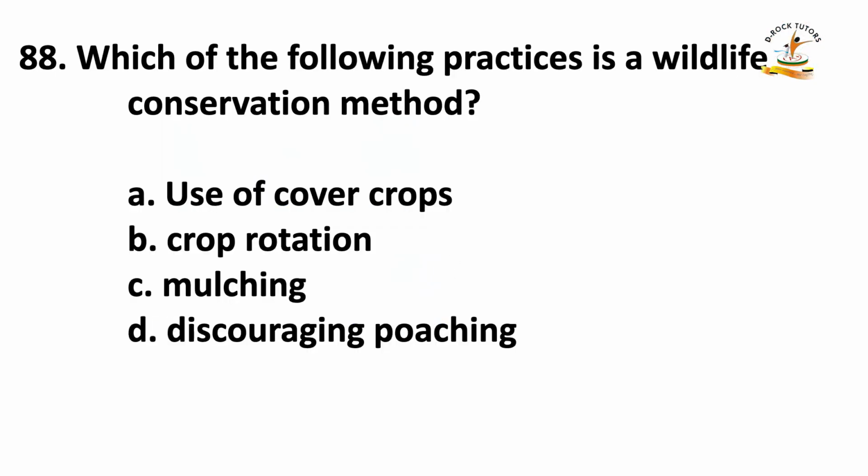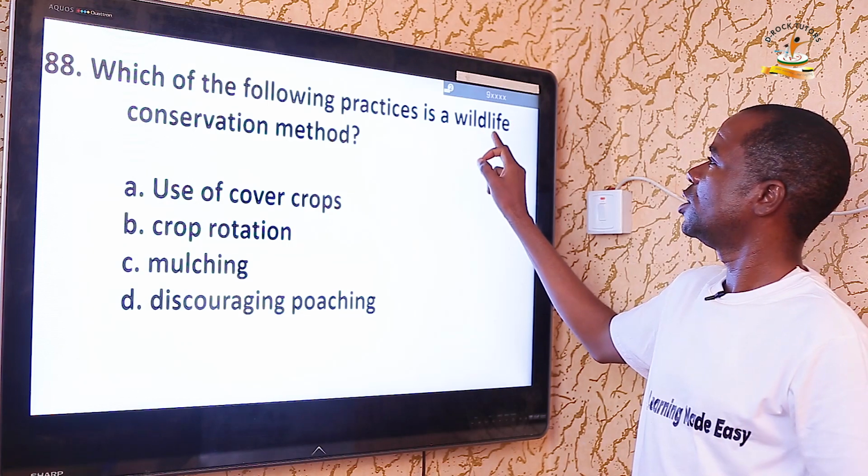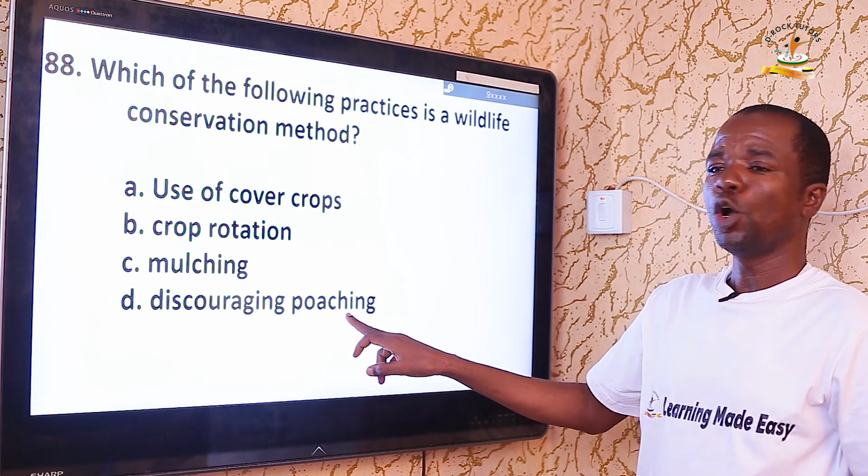Number 88. Which of the following practices is a wildlife conservation method? If you take a look at these 4 practices here, we will see that the only one that actually encourages wildlife conservation is discouraging poaching.